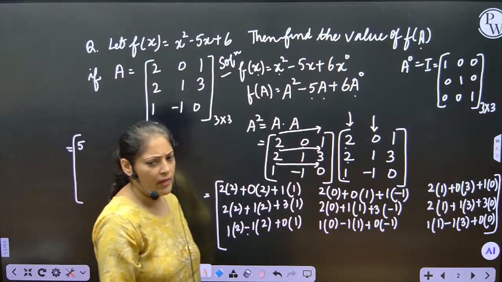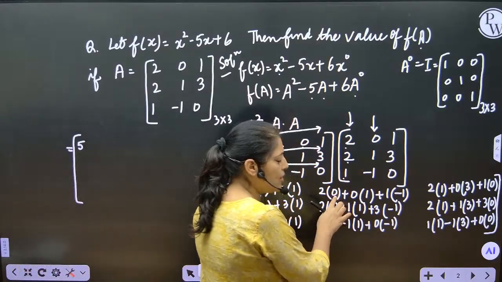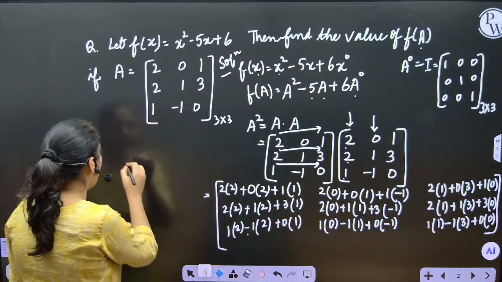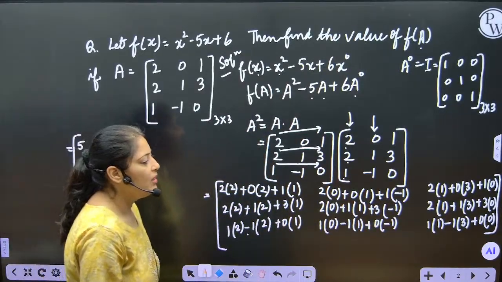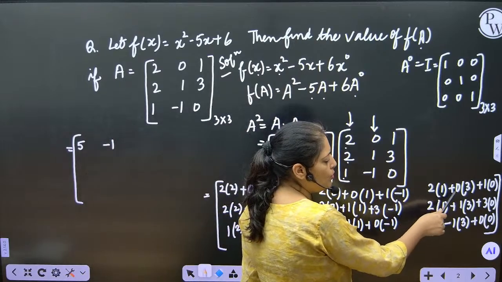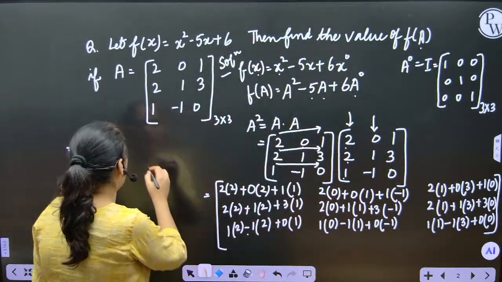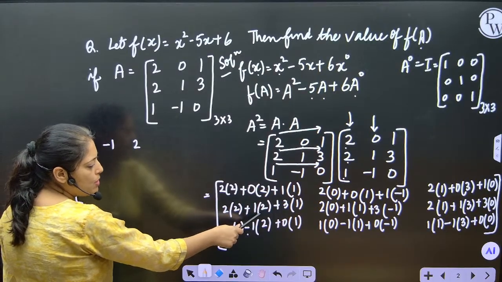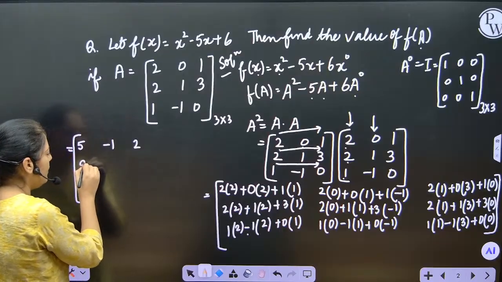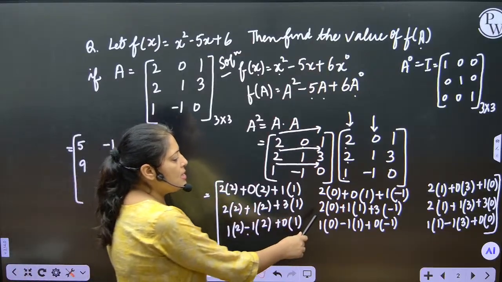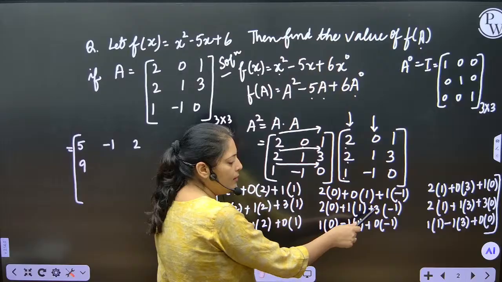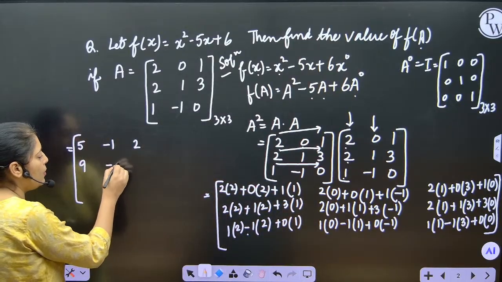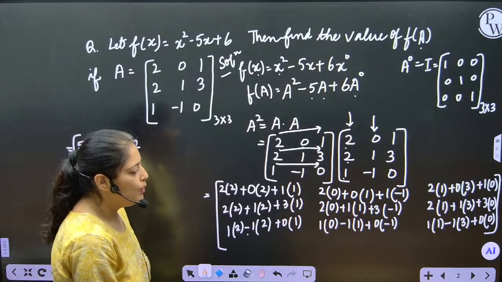Now I can write directly. 2 into 0, 0 into 1, 0, 1 into minus 1 is minus 1. 2 ones are 2, other things will become 0. 4 plus 2 is 6, 6 plus 3 is 9. 0 plus 1, 1, 3 into minus 1 is minus 3. So 1 minus 3 will come out to be minus 2.